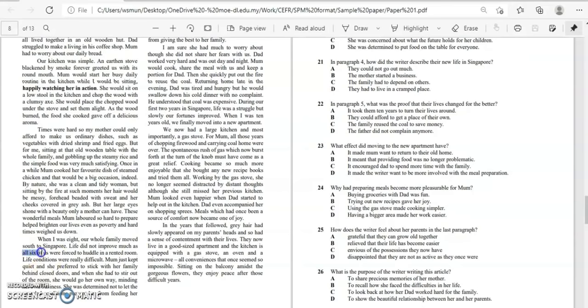The phrase all 6 of us, forced, a rented room. So it is quite clear here that the word huddle means crowd together or cram together in a small place. And this is how you get the answer of option D. They had to live in a cramped place. So this is how you do guessing meaning.